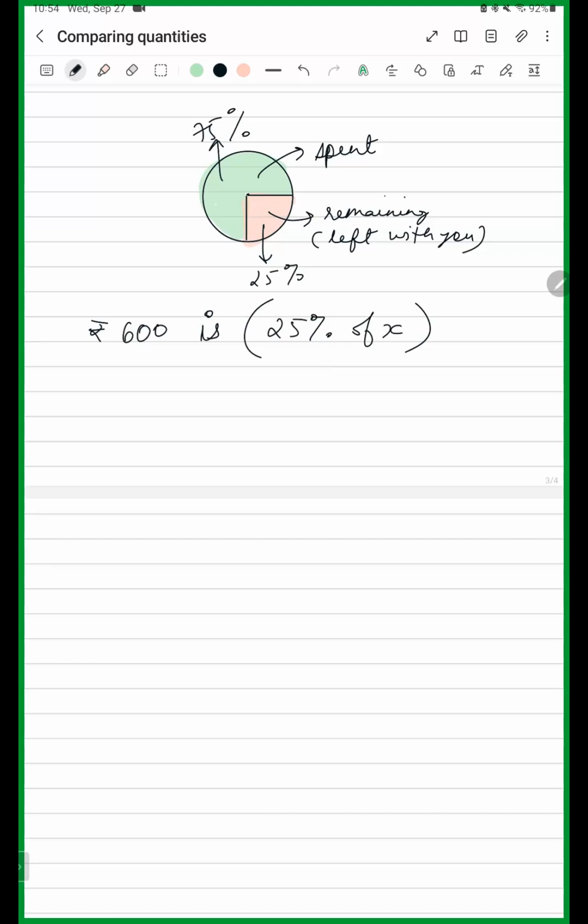Let me just rewrite this: money left with her. And how much is the money left with her? 25% of something. Whenever we write percentage, we don't just write 25%. Percent of what?